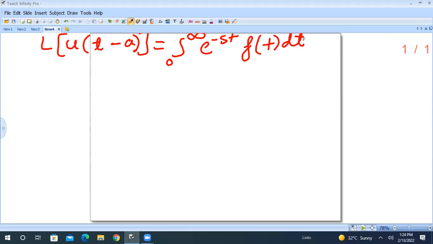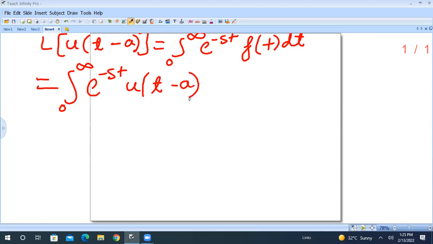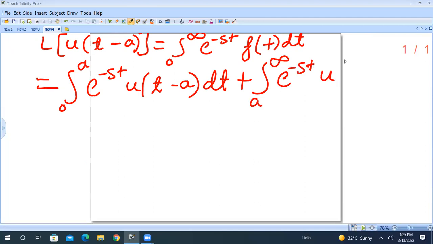Next, splitting the condition, integration 0 to a e to the power of minus st, first condition u of t minus a into dt, plus integration a to infinity e to the power of minus st u of t minus a into dt.